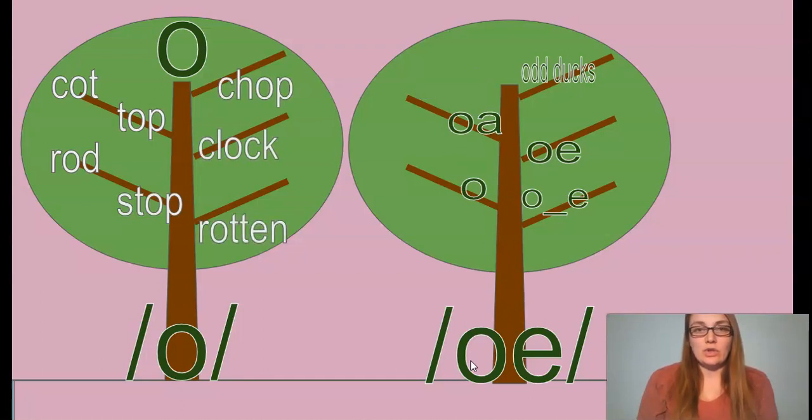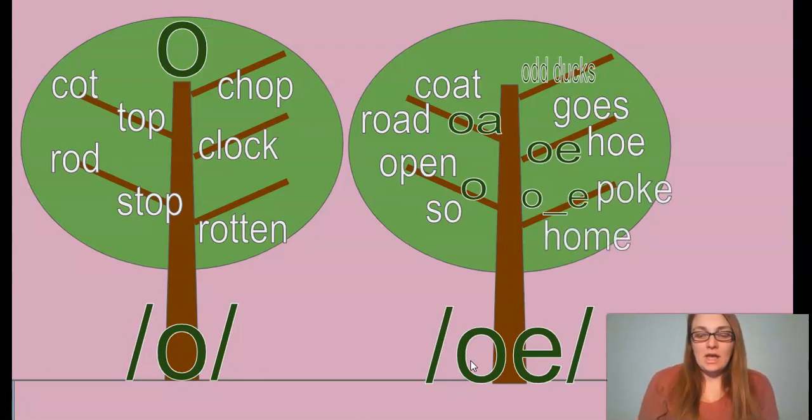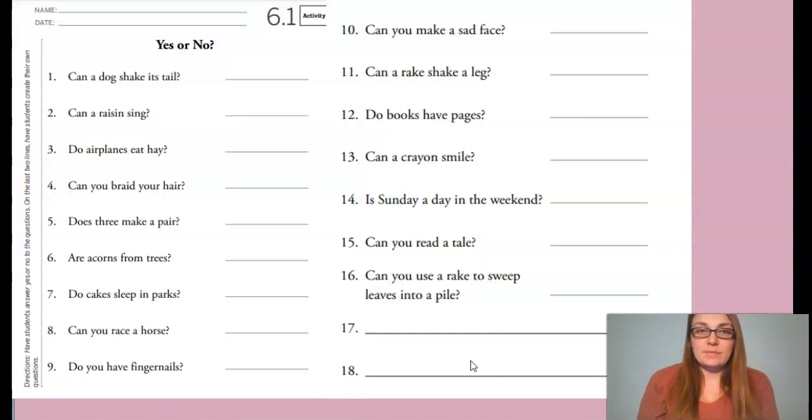On the O tree, for the O-A spelling, we have coat and road. For the O spelling, we have open and sew. O-E, we have goes and hoe, which is a gardening tool. O space E, poke, and home. And these are just a few examples of the different spellings for the ah and O sounds.